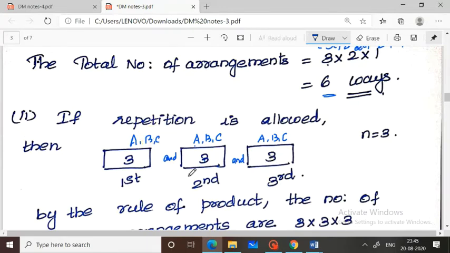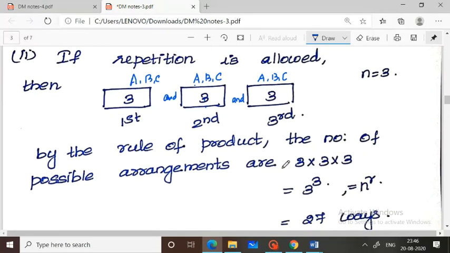So the first column can be filled in 3 ways, the second position in 3 ways, and the third position in 3 ways. Therefore, by the rule of product, the number of possible arrangements is given by a formula. If repetition is allowed, then the formula is n raised to r.